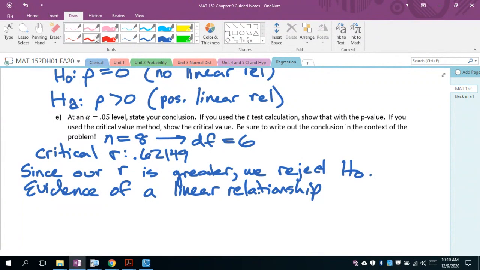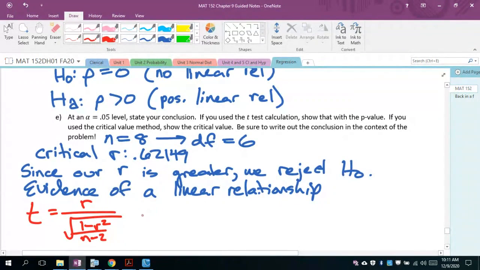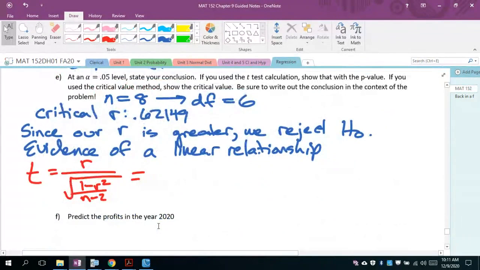I would accept that. Now, the other way, if we actually calculate t, which is r over the square root of (1 minus r squared) over (n minus 2), well, that r value is 0.994. We still have 6 degrees of freedom, 1 minus 0.994 squared over 6.